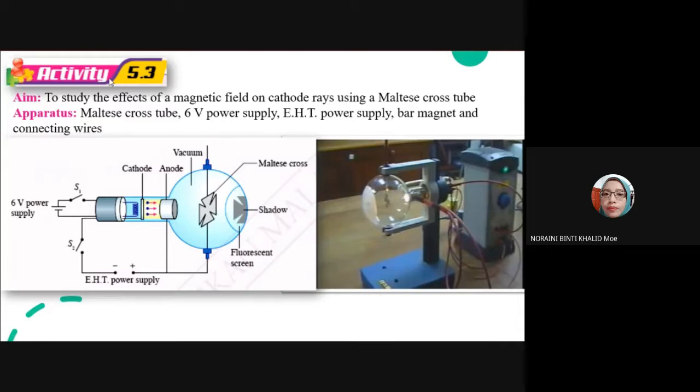Okay, activity 5.3. The aim is to study the effects of a magnetic field on cathode rays using a Maltese cross tube. Apparatus: Maltese cross tube, 6-volt power supply, EHT power supply, bar magnet, and connecting wires.